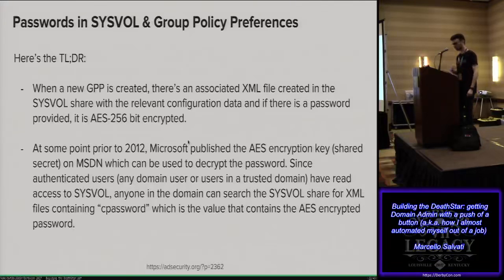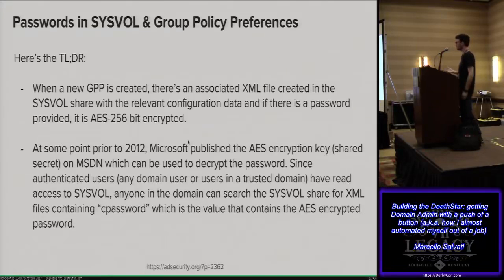Quick summary: when you create a group policy object that has a username and password in it, the username and password get stored in the sysvol share in an XML file, in the cpassword attribute, and that password gets encrypted with AES-256. The problem is, in early 2012, a little bit earlier than that, Microsoft released the shared secret for that encrypted string. So anyone who can access the sysvol share can just decrypt that entry now.